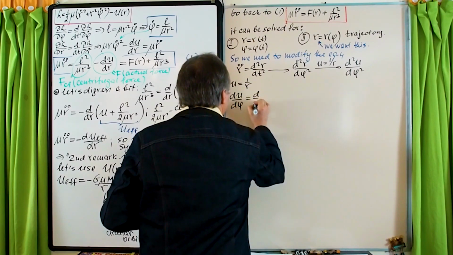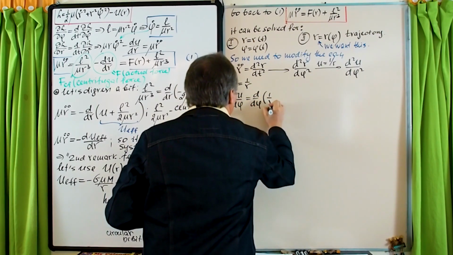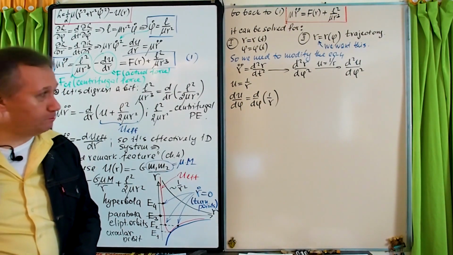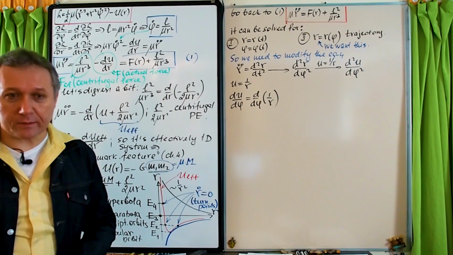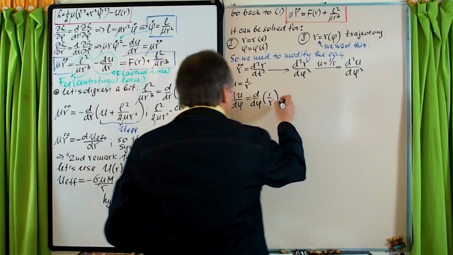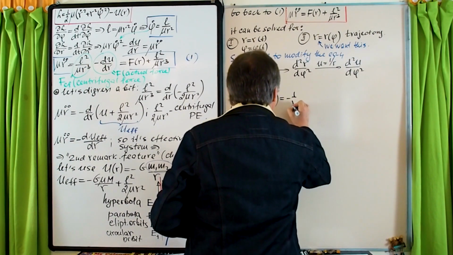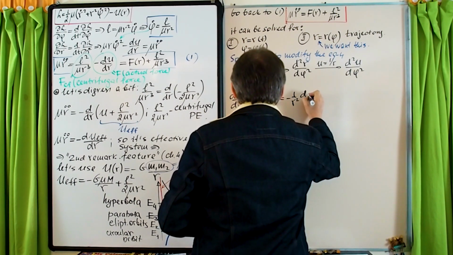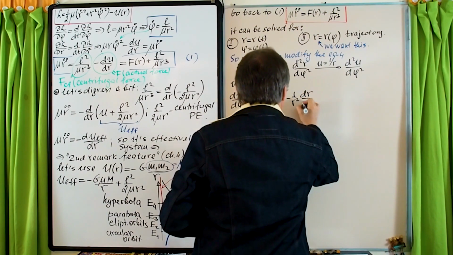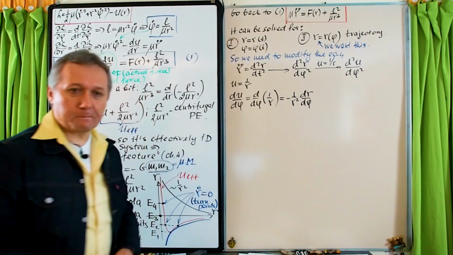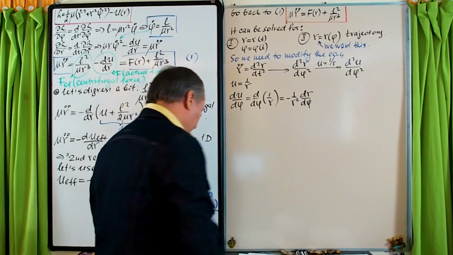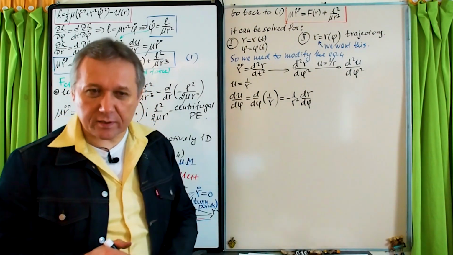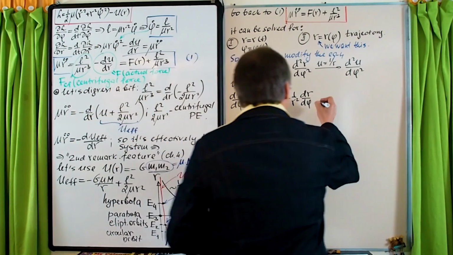So it's d over d phi of 1 over r, because u is 1 over r. Let's differentiate it. Of course, we will get minus 1 over r squared and dr over d phi. Now let me squeeze dt into this derivative.